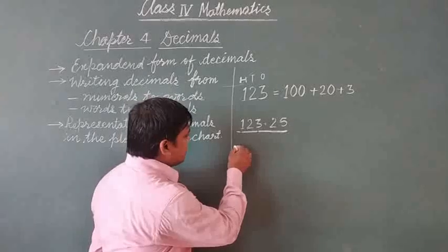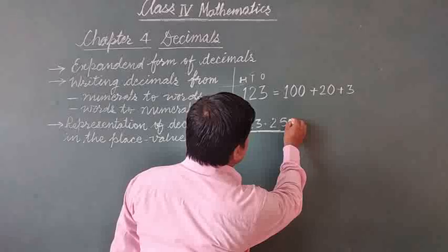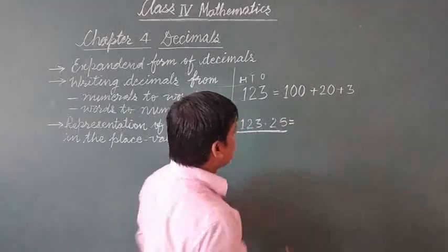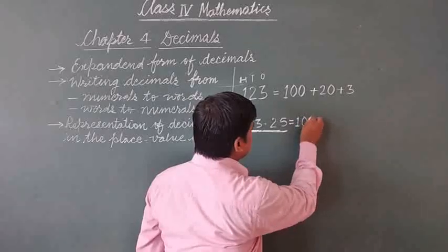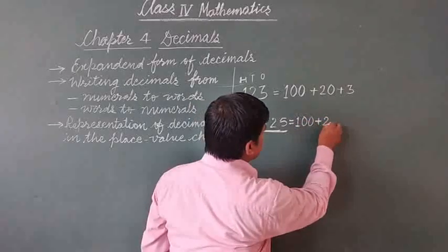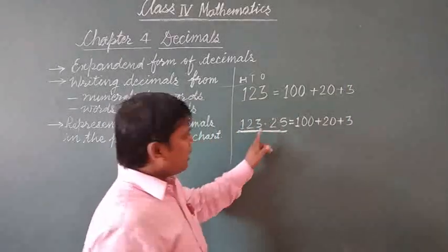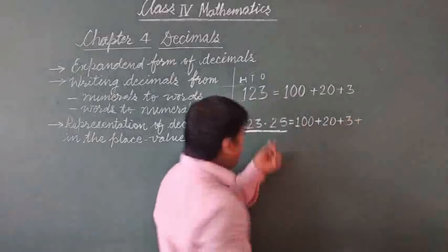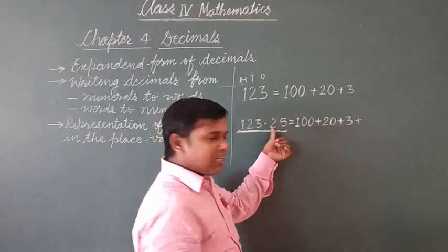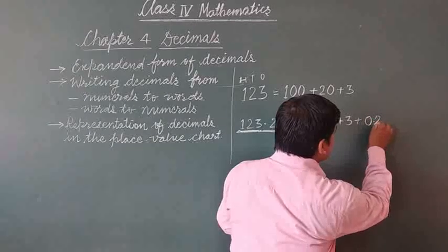For example, this can be written as: this is equal to, as you have written for this part, 100 plus 20 plus 3. Then here is the decimal point, so we write plus. After the decimal we have one digit, so we write 0.2.